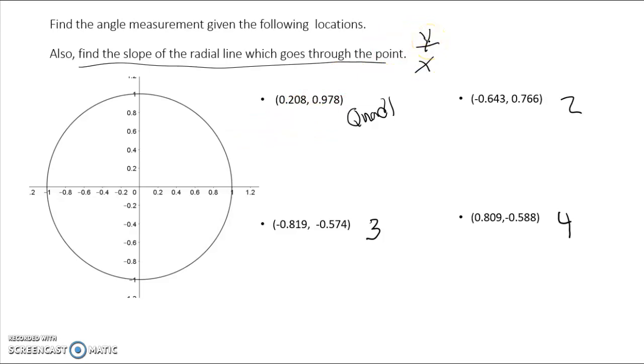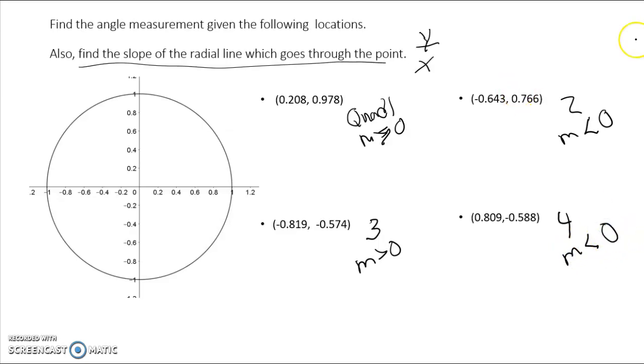And the video is getting a little long, so I'm just going to leave that for you to do. So that would make our slope positive in quad 1, negative in quad 2, positive in quad 3, and negative in quad 4.